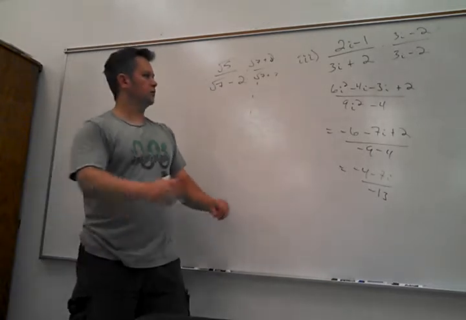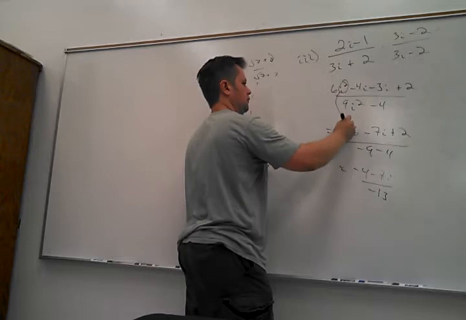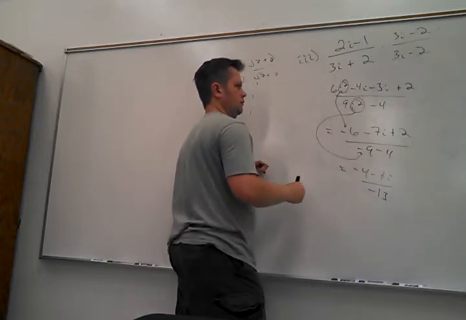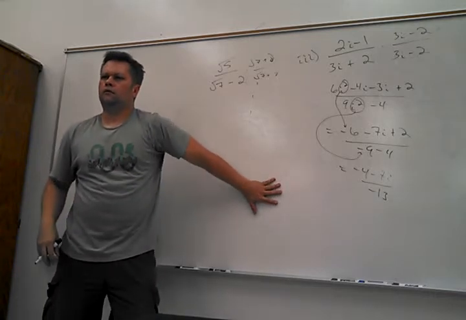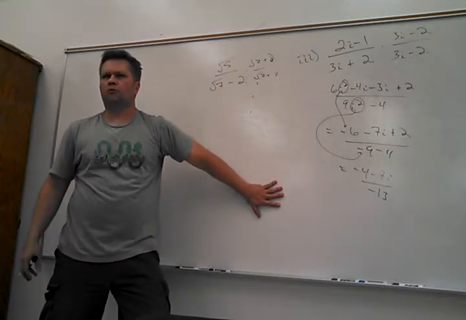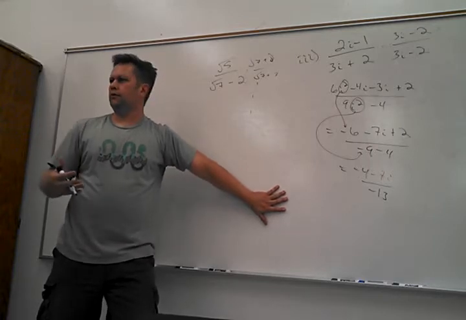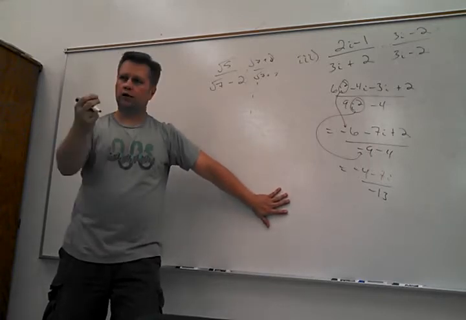So I just replaced i squared with negative 1. So you just go one more step than I normally can, because i itself is not x. i is a number, and it's radical negative 1. So i squared, I know what it is.